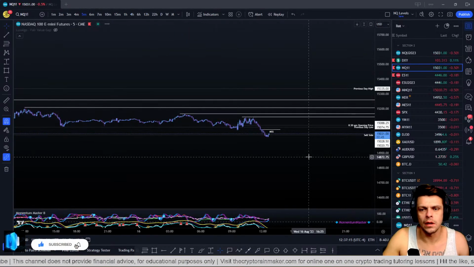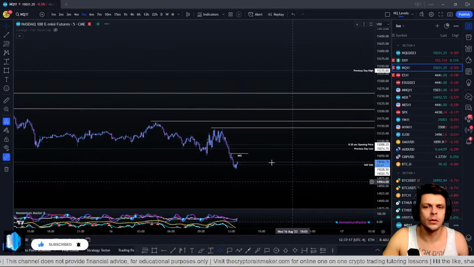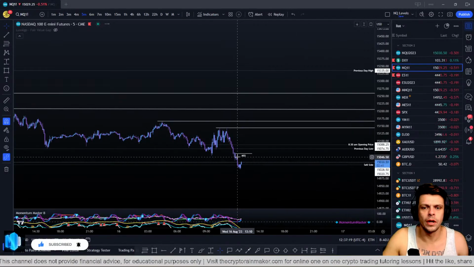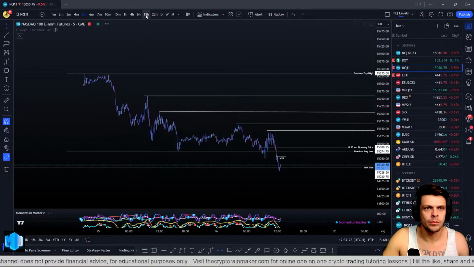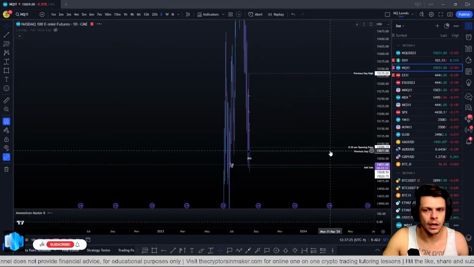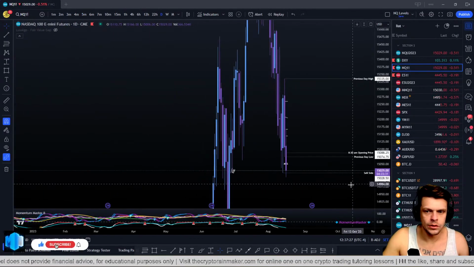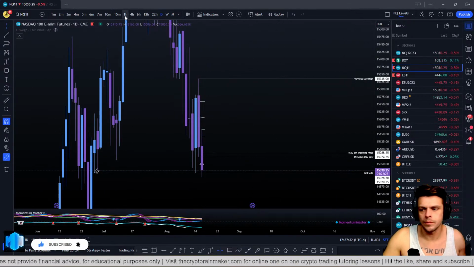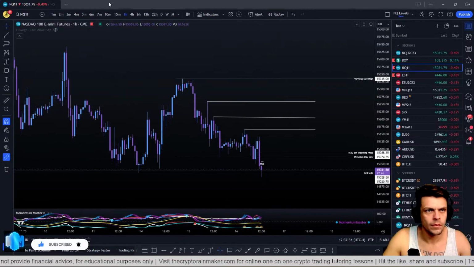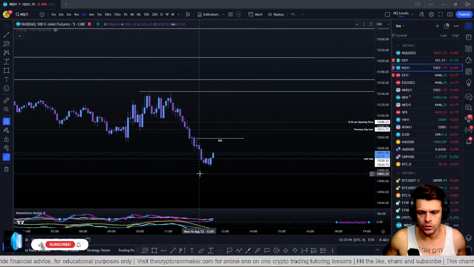But I think it's more likely we see a little bit of a move to the upside for the PM session, considering we already took out yesterday's low and we are below the 830 opening price. That's what I'm currently looking at for the afternoon session.